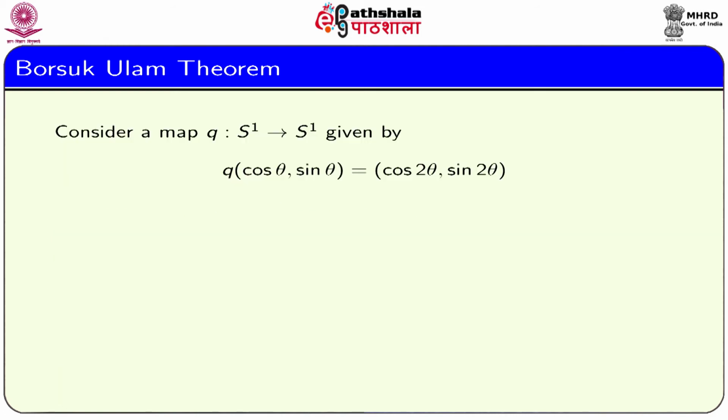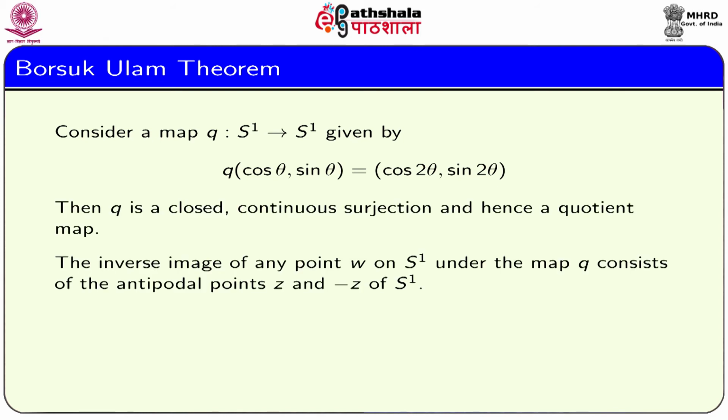Consider a map Q from S1 to S1 given by Q of (cos theta, sin theta) equal to (cos 2 theta, sin 2 theta). Then Q is a closed continuous surjection and hence a quotient map. The inverse image of any point W on S1 under the map Q consists of the antipodal points Z and minus Z of S1.